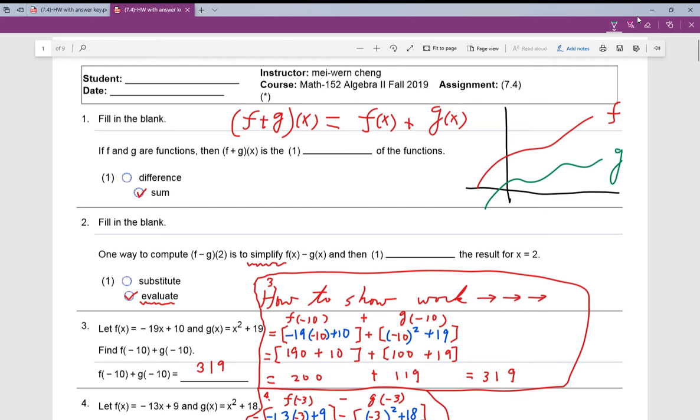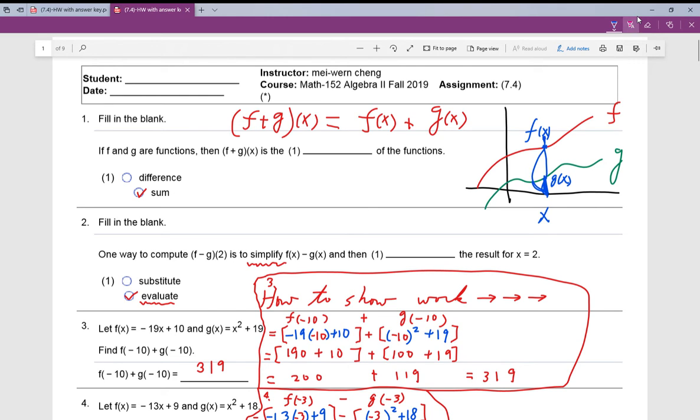If they take the same x as input, you are going to have g of x, and with the same x here, you have f of x. You try to add these two values, g of x plus f of x. So f of x plus g of x is about here.